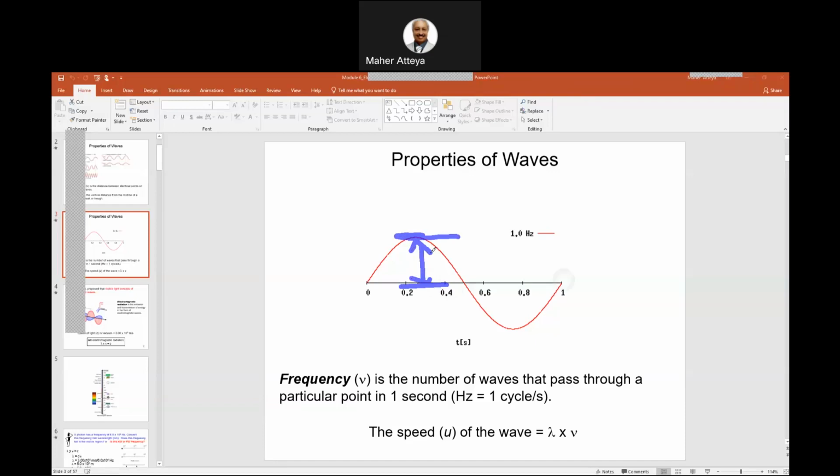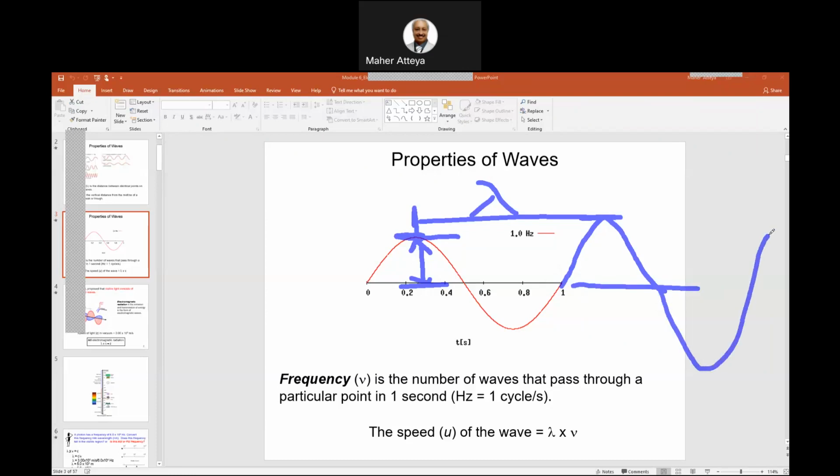If I go further up, from this peak to this peak, called lambda, wavelength, correct? And how it's repeating itself, so it goes down, and it will repeat itself here somewhere. The repeating of the wave itself per time is called frequency. It's 1/second.